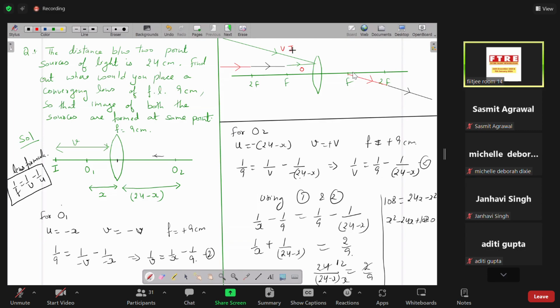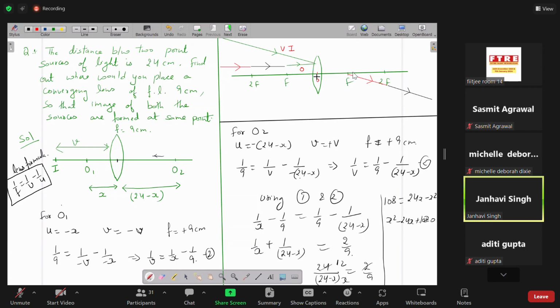Which figure are you saying? The one for which you have written virtual image. If my object is moving from focus to the optical center, the image will be formed behind it. The image will move from minus infinity towards the optical center. With respect to the object, the image will always be behind the object and enlarged compared to the object. So that virtual image represents the image formed for an object kept between focus and optical center. Yes, ma'am. Understood, ma'am. Thank you, ma'am.